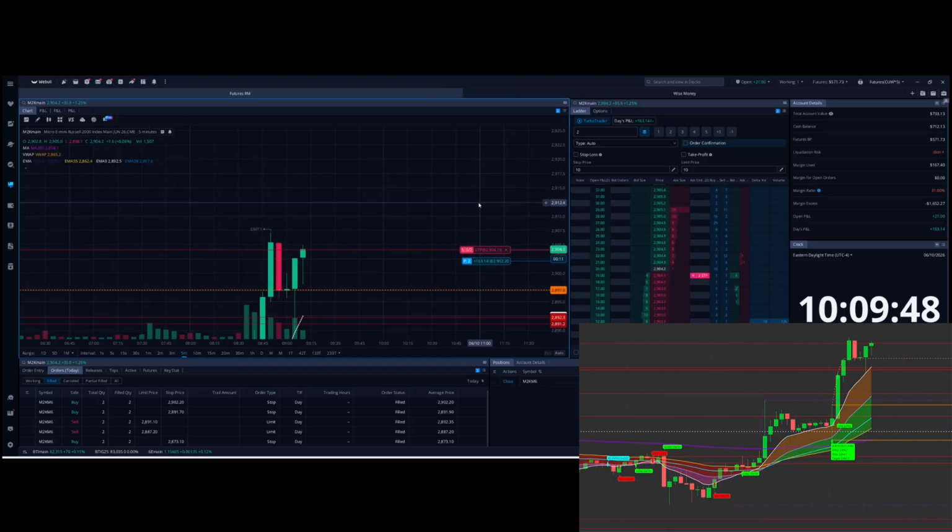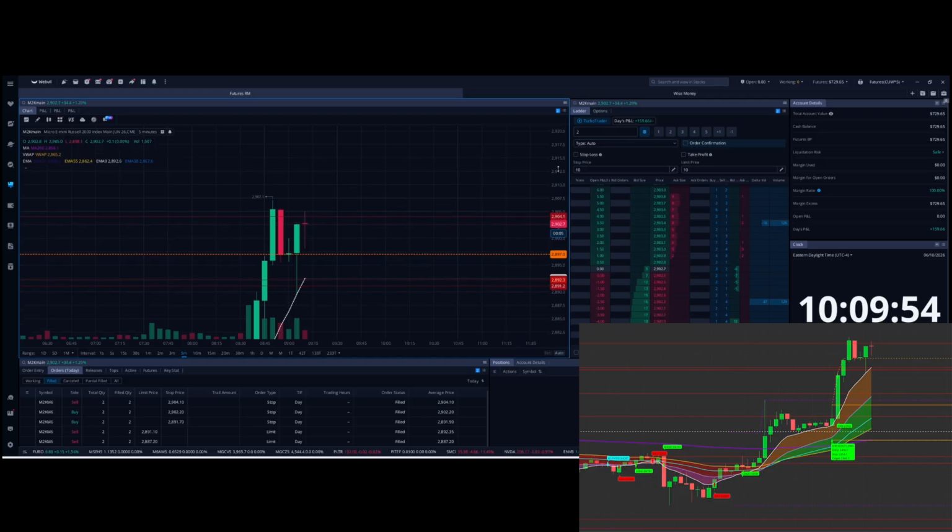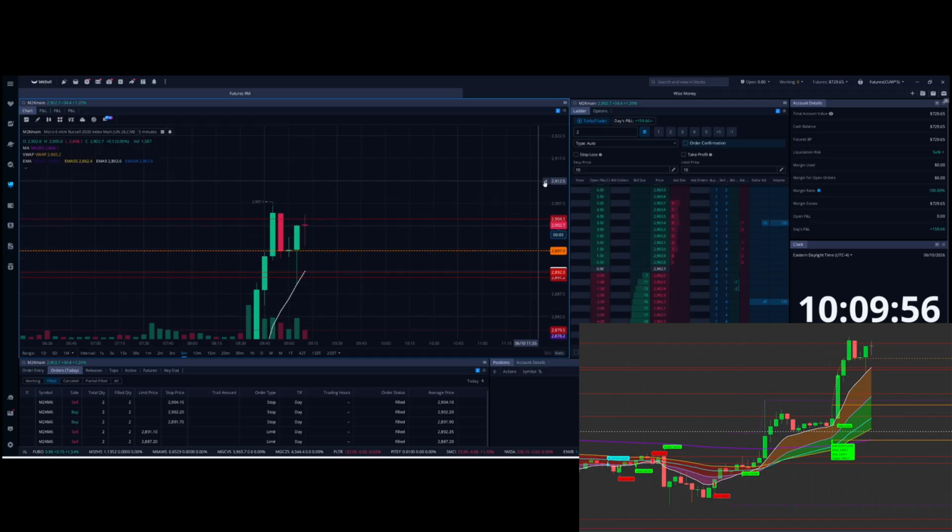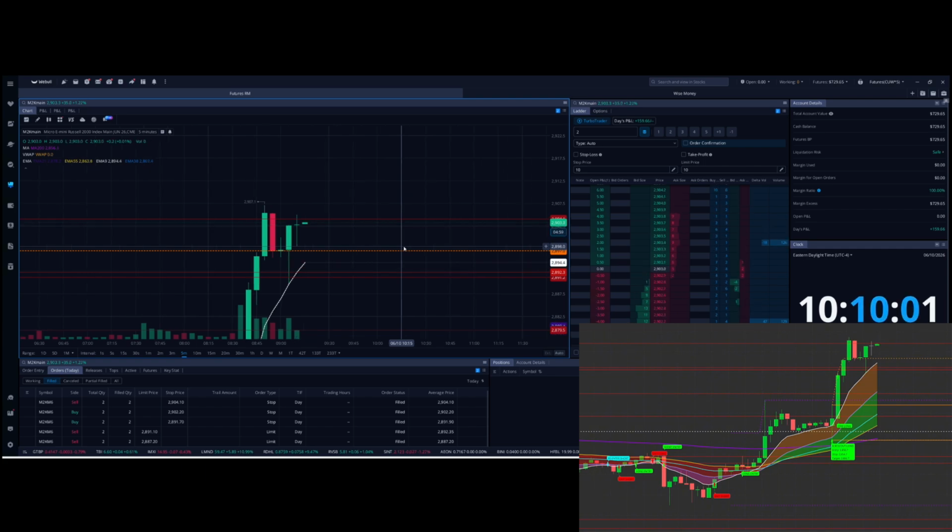Alright. A few buckaroos. It still came down and closed under that level. But it closed up. So that's good.